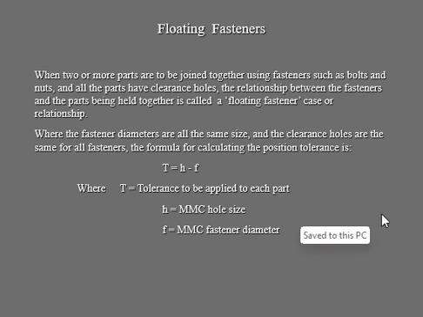Okay, so when the fastener diameters are all the same size, and your clearance holes also have the same size for all fasteners, we are able to calculate it mathematically. So what we want to find is the clearance holes and the fastener diameters all together. First thing we want is T, the tolerance to be applied to each part.